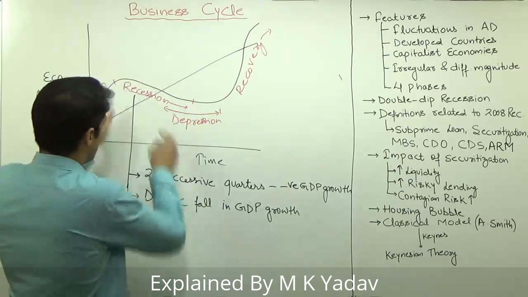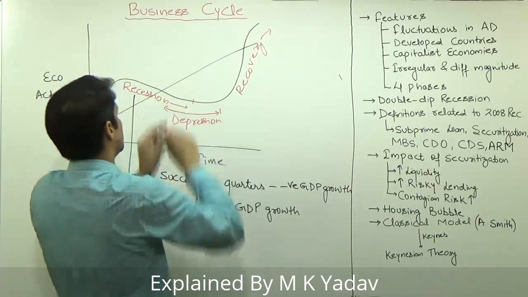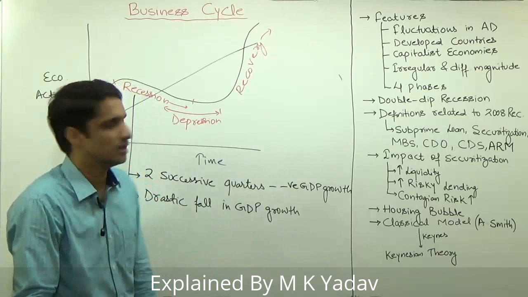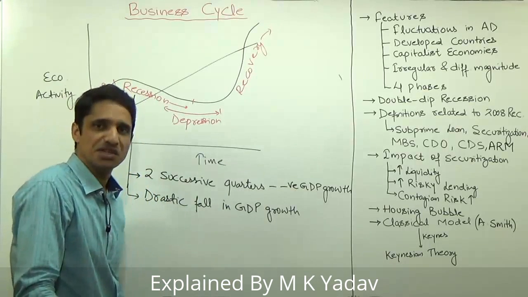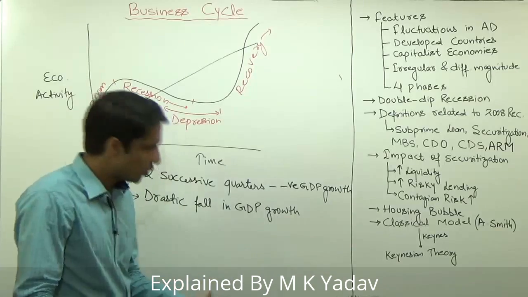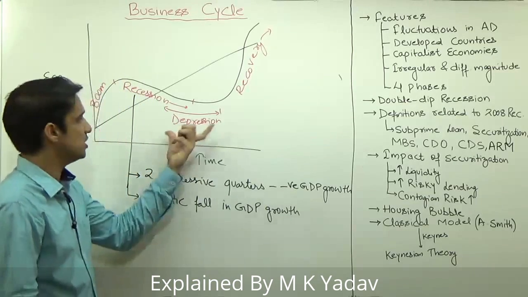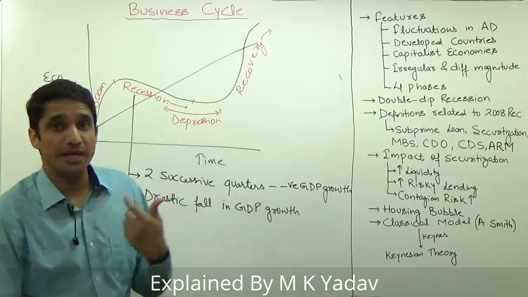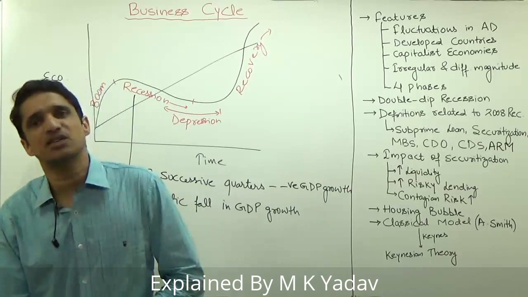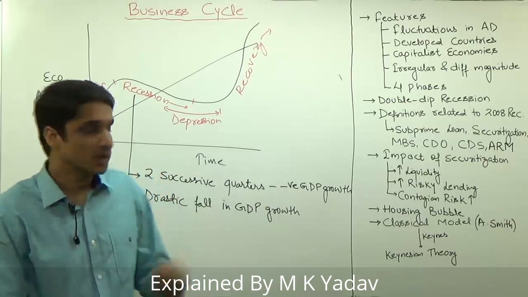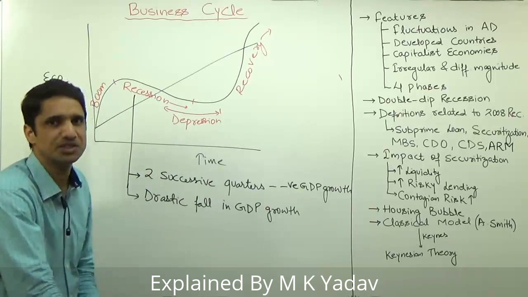Depression is nothing but a prolonged and severe recession. If there is recession for 10 quarters, 15 quarters, 3 years, 4 years, 5 years, then that is known as depression. In the 1930s, it lasted for more than 10 years. So that was regarded as depression.